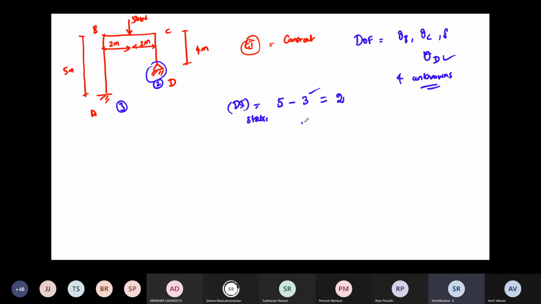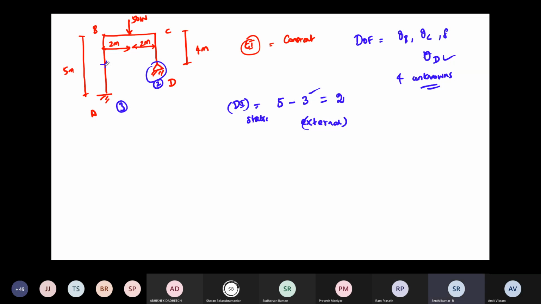This is external static indeterminacy. What is meant by external? We are only checking the supports only. Another thing is there: the whole indeterminacy for the frame. How will you calculate it? For each member, if you are taking, how many unknown forces will be there?